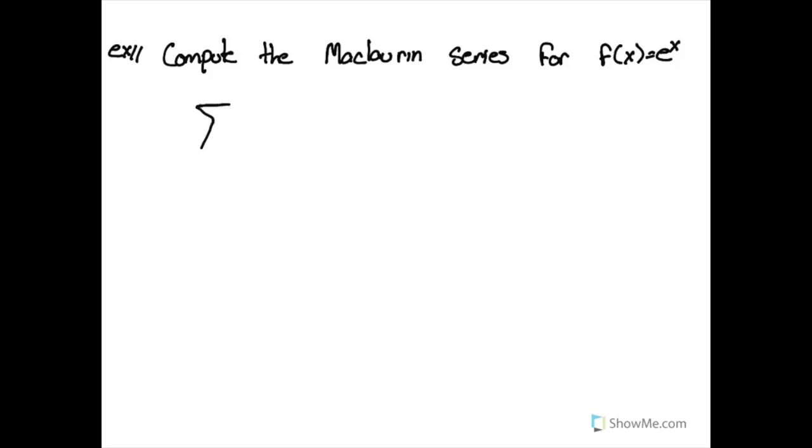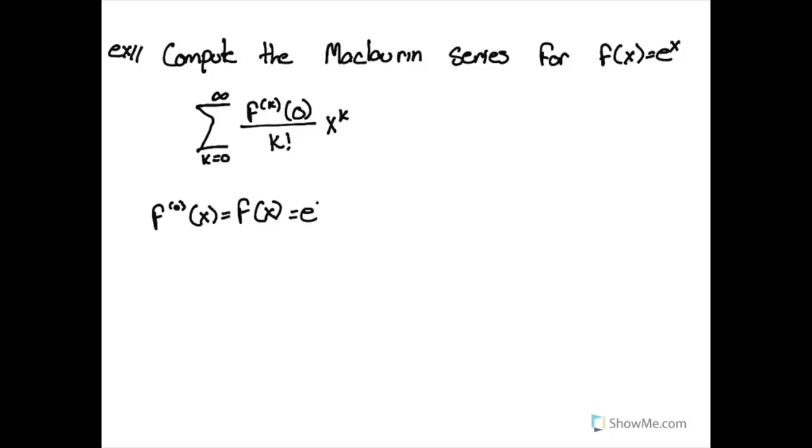In this case, the Maclaurin series, just by looking at the definition, is the kth derivative of f evaluated at 0 over k factorial times x to the k. Well, we know that the zeroth derivative is conventionally just the function itself, which is equal to e to the x.